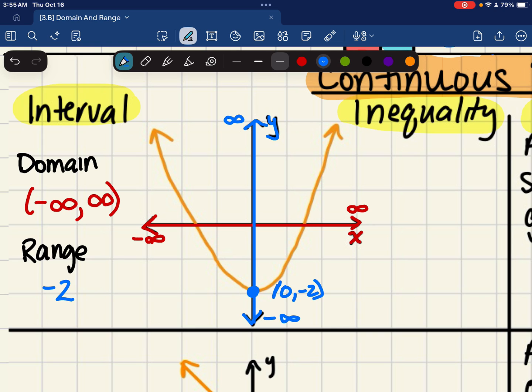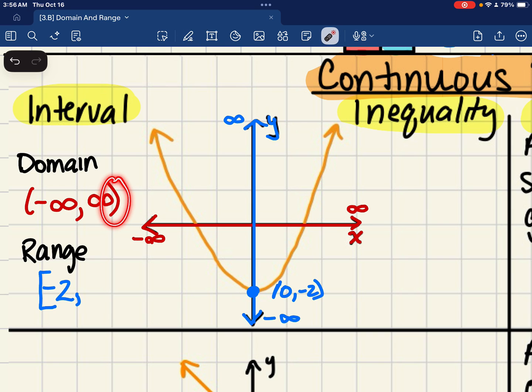Now this interval notation is kind of goofy. If ever you use a number, we're going to use a square bracket, at least in Algebra 1. So for domain and range, you generally always use a square bracket with numbers and then a normal parenthesis with infinities. I know it looks strange. It's just the way it do be. In Algebra 2, we'll extend why we use the square bracket more often.